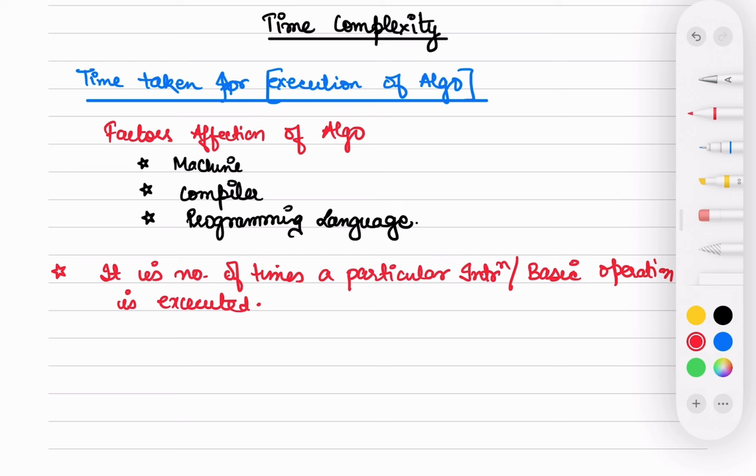This is how I define time complexity. How many times the basic operation of an algorithm is executed gives me the time complexity. Are you understanding?